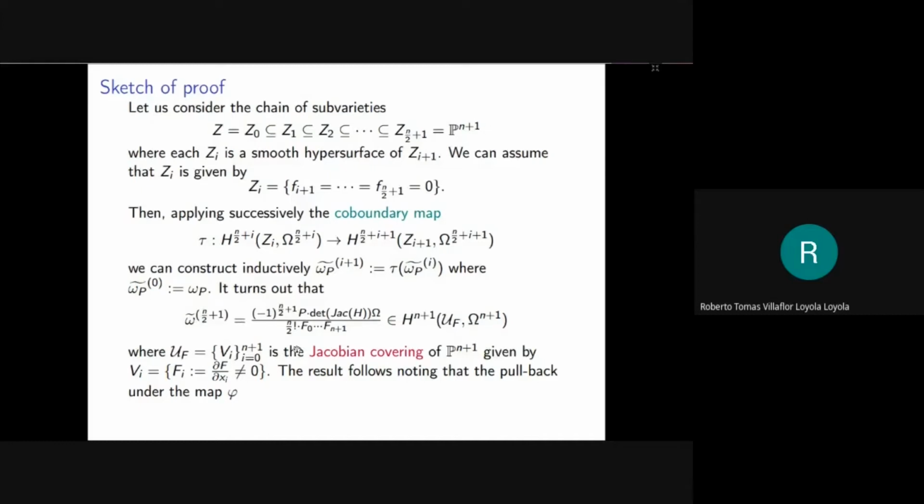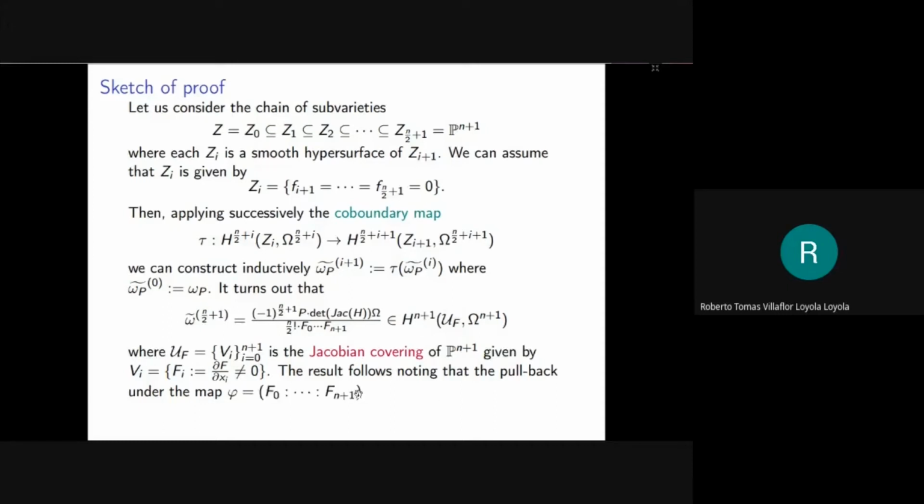But in order to compute that period, we need to relate it to the usual volume top form in P n plus 1. So how do we do that? We need to change our standard covering to this Jacobian covering. And this can be done easily by applying the following map.